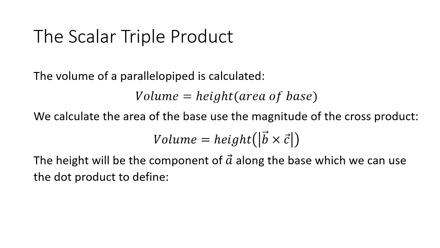And if you remember from our lesson on dot products, to find that component, it's the dot product. So the volume is going to be the absolute value of the dot product of A with the cross product of B and C. And again, the nice part about property 5 is that we could actually do it in either order, as long as we keep vectors A, B, and C all together.